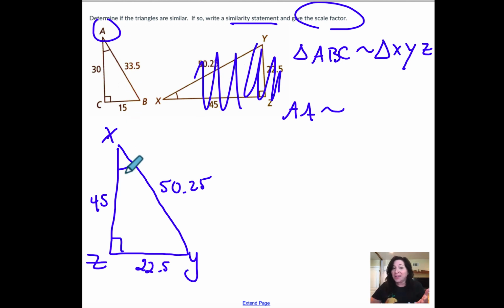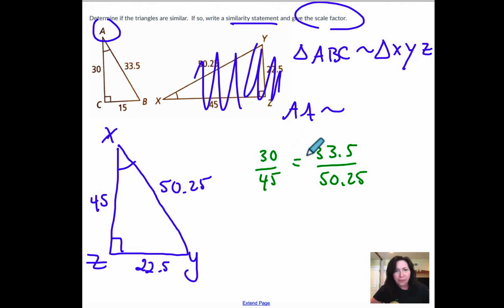Two angles mean the third angle is congruent. Let's see if the sides are proportional. Because they are similar, the sides also have to be proportional. So let's check. 30 is to 45 as, let's try 33.5 is to 50.25. So we're going to cross multiply.